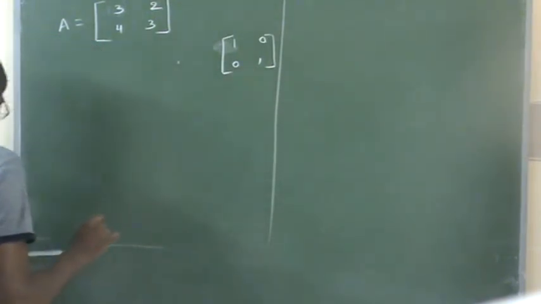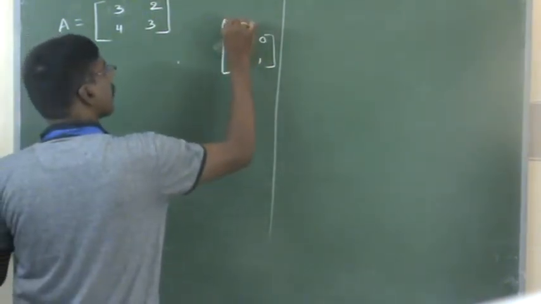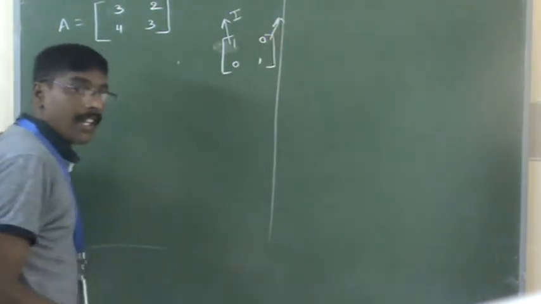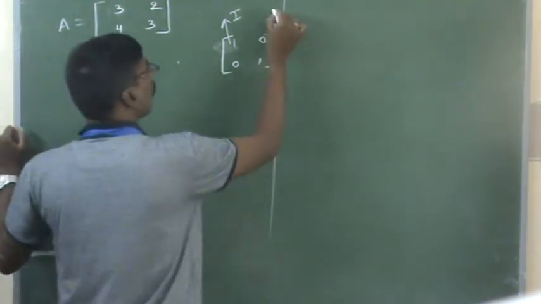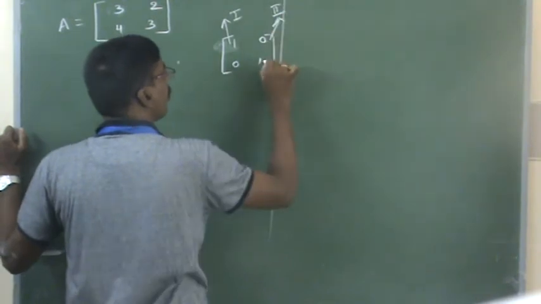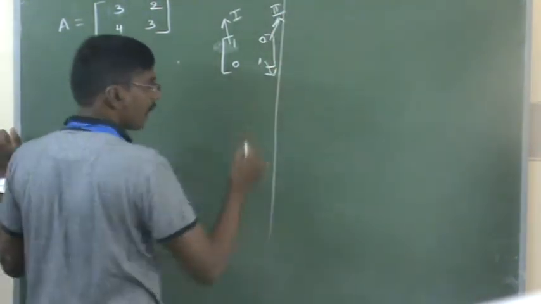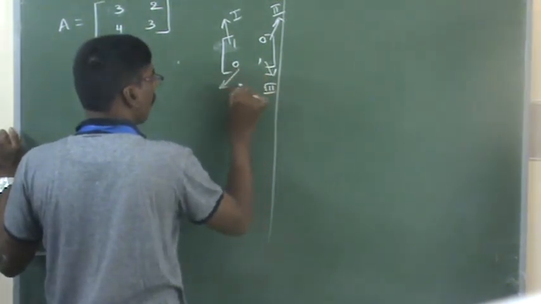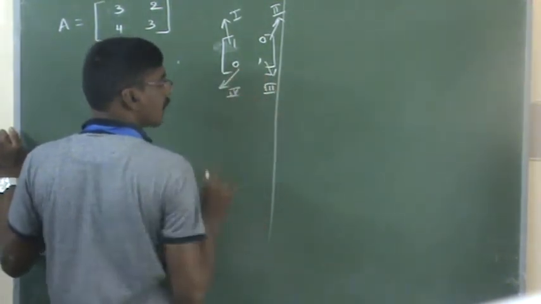First step: A11 can be converted to a 1. Next, A12 can be converted to a 0. This is the second step. A22 can be converted to a 1, the third step. Then A21 can be converted to a 0, the fourth step.